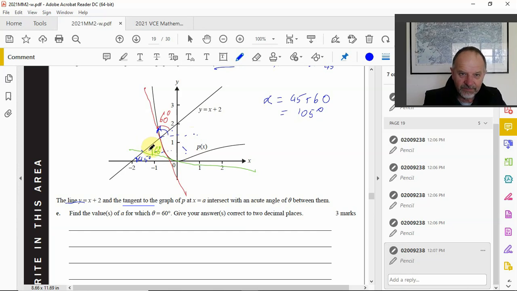Now, this bit in here is 180 minus 60, which is 120. So this angle all the way around in here that we were looking at, and I'll call that beta, is 45 plus 120, which is 165 degrees.